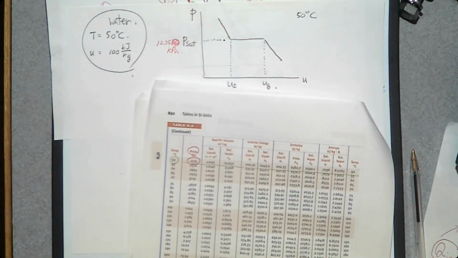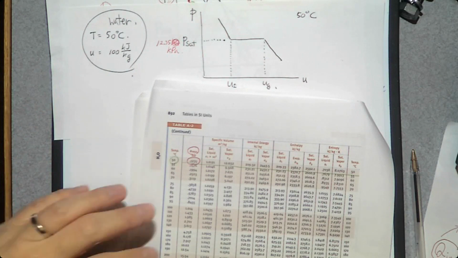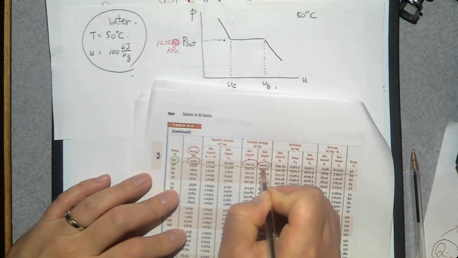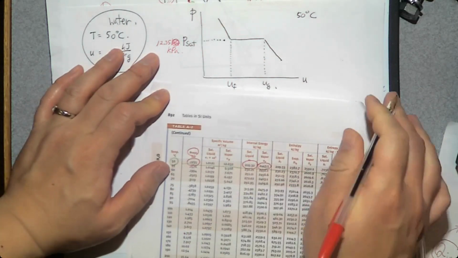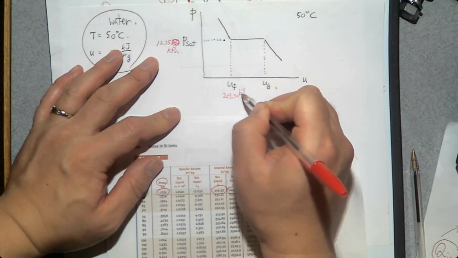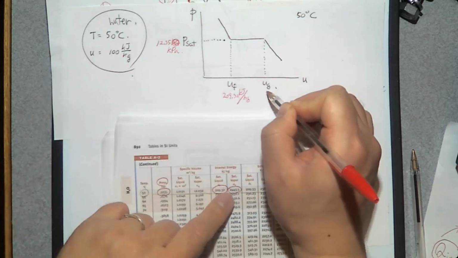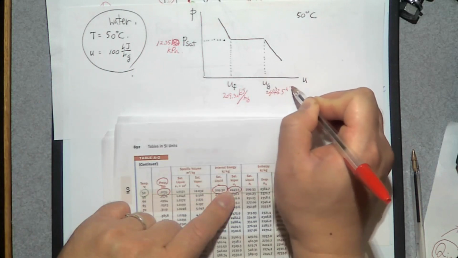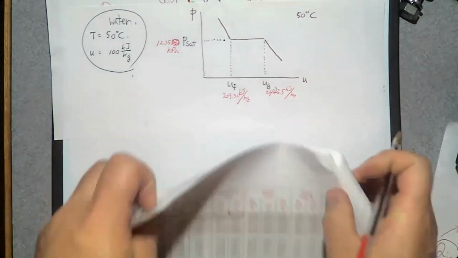What about UF and UG? UF is here, UG is here. So at this temperature, this is UF, this is UG. Let me write these values. UF is 209.32 kilojoule per kilogram. UG is 2443.5 kilojoule per kilogram.